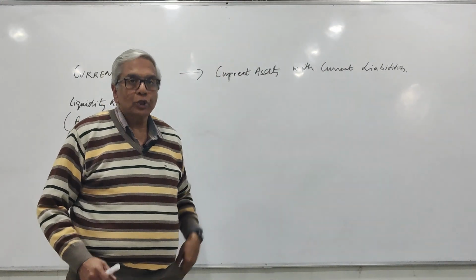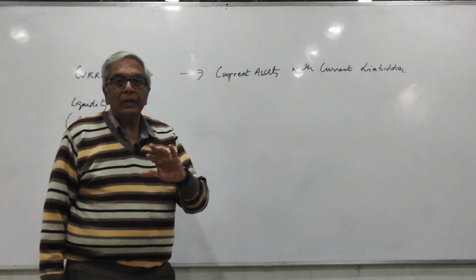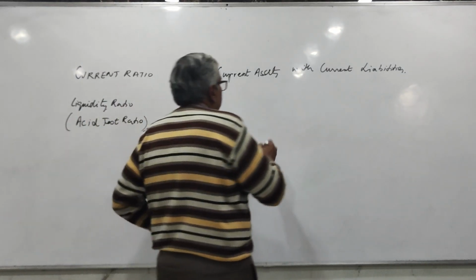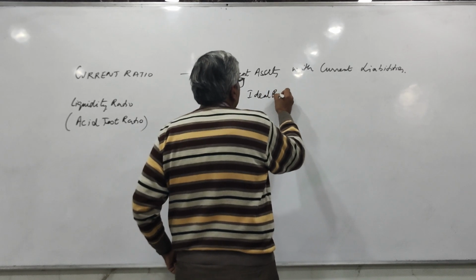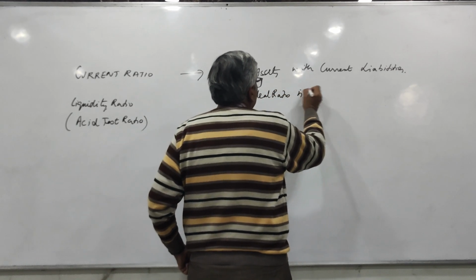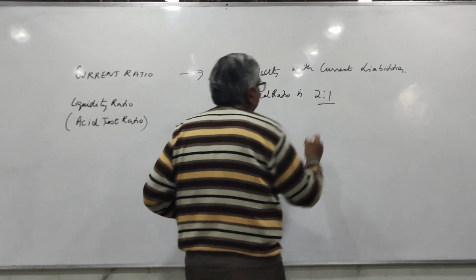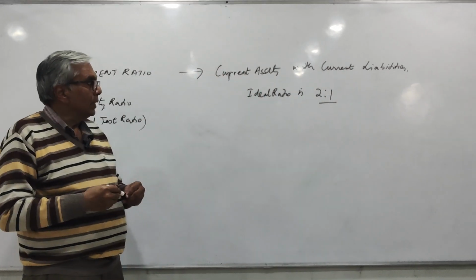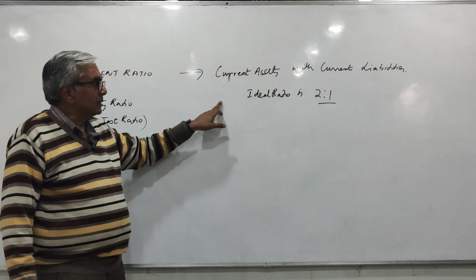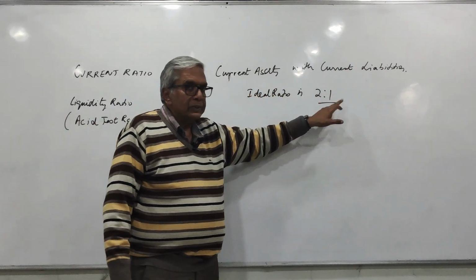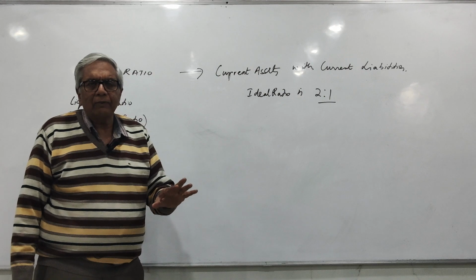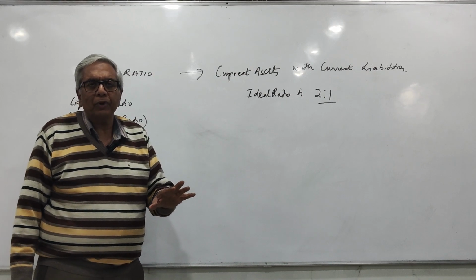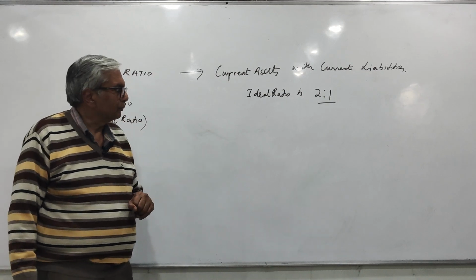We have to be sure that we have enough leverage. So it is said the ideal ratio is 2:1. That means if we have current assets twice the current liabilities, we can say that we will be able to pay off our current liabilities.